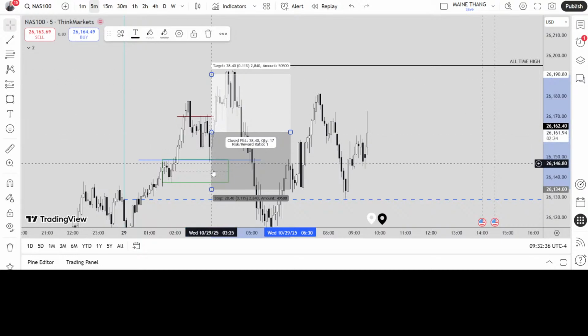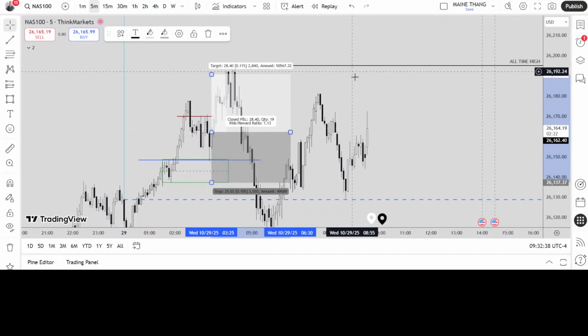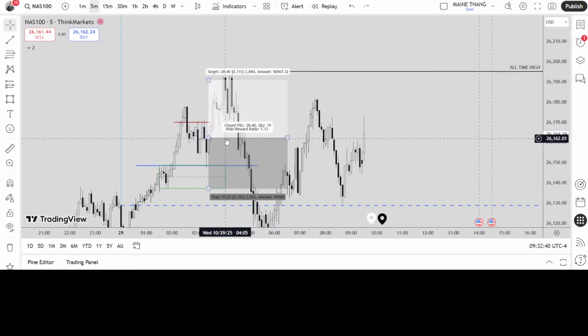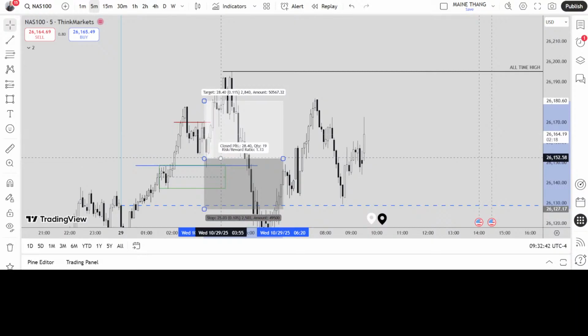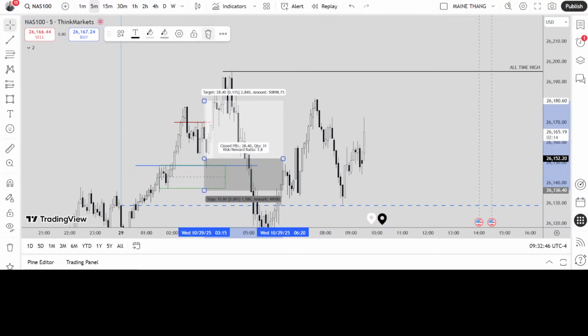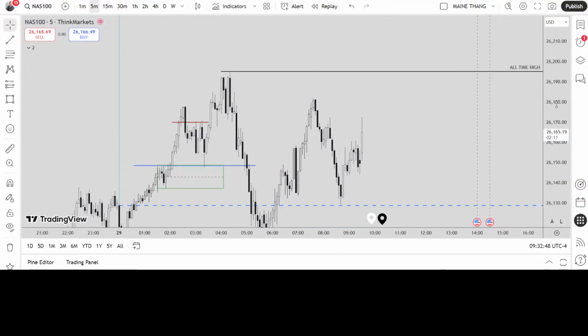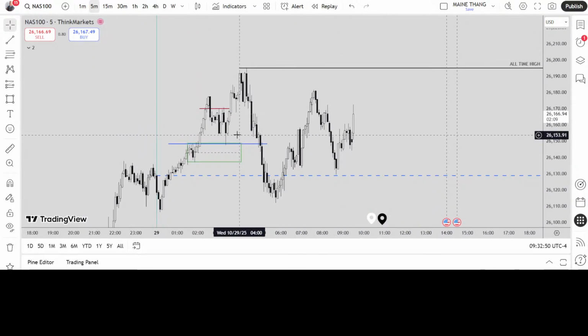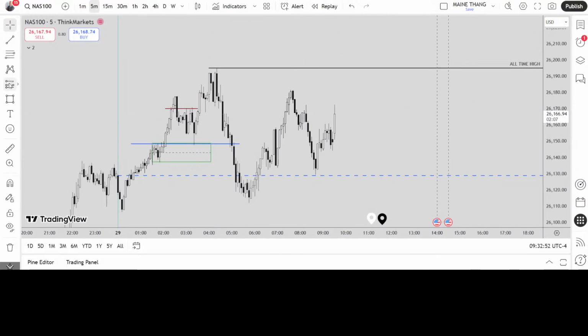You still could have got a 1-to-1, but I don't like to enter that far away from the zone. Maybe if it was here, it would have been a much better entry. Or if you enter that far away from the zone, reduce your risk.